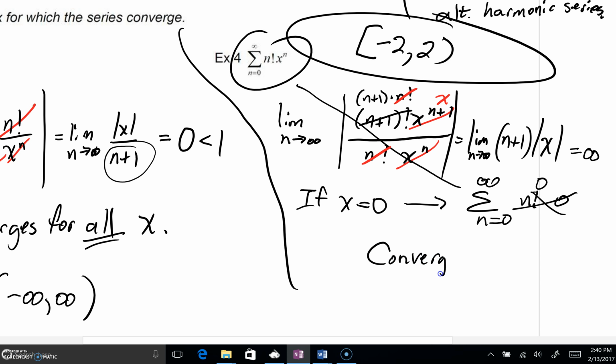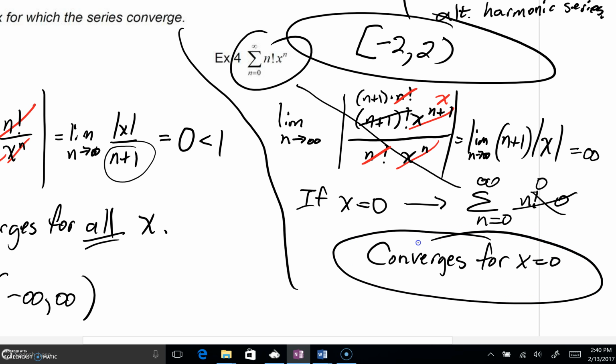It converges for x equals 0. Now that can sound so strange. You're always going to get at least one value of x for which you will converge. It's called pointwise convergence. Many professors call it trivial convergence. Trivial convergence in the sense that you're always adding up zeros. And it's not all that exciting. You'd say, well, of course, if I add up 0 forever, I'm going to converge.